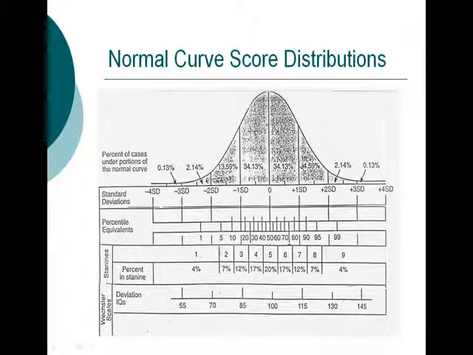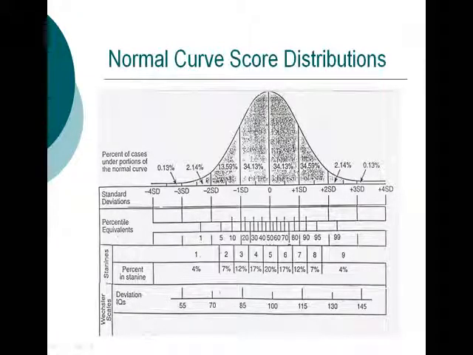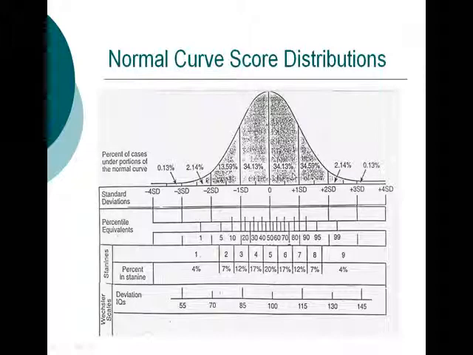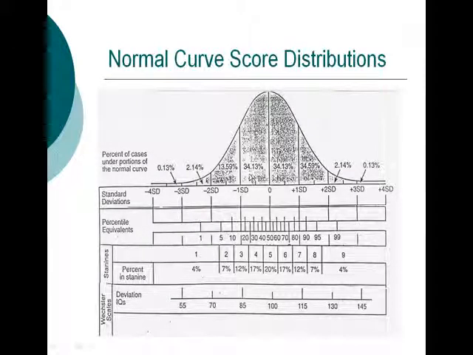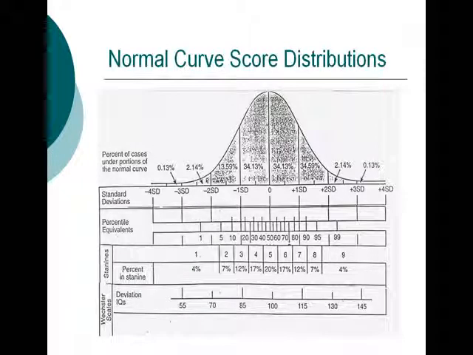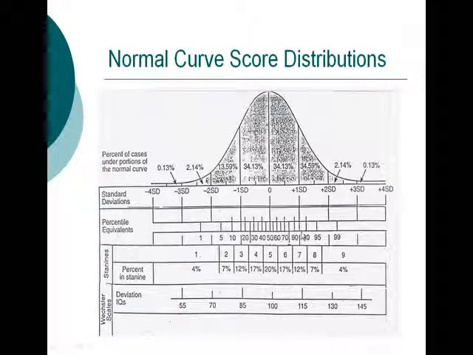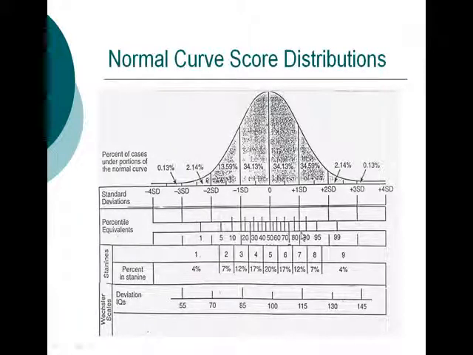So if it's a normally distributed group, and if you have over 100 in a group taking a test, usually you'll get this kind of a distribution. 68% of them, or if there's 100 of them, 68 out of 100 are going to fall right in what's called the average range. And that average range, interestingly, goes from the 16th percentile on up to the 85th percentile.